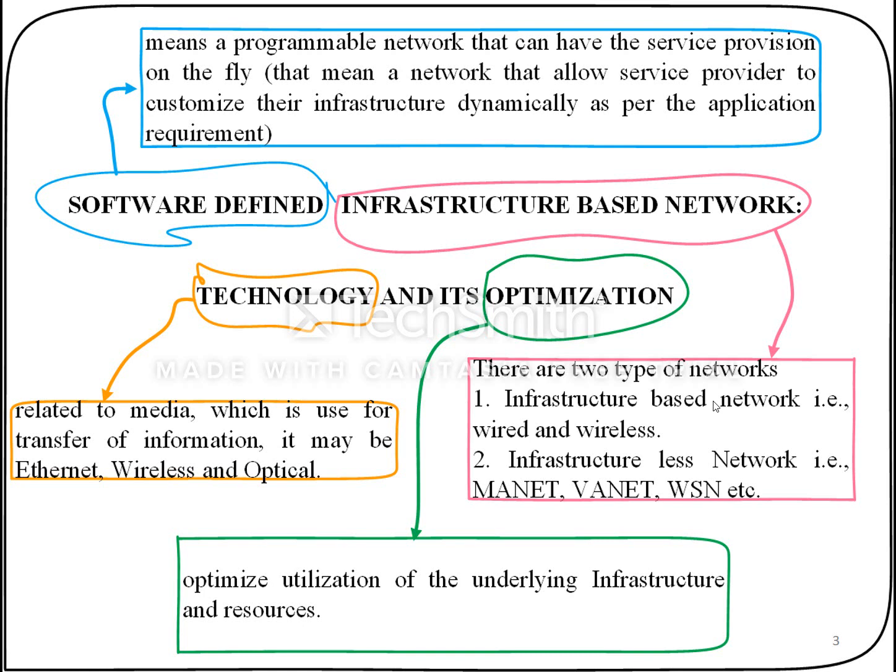We know the access point, which is always supported by the optical fiber network, is the best example of a wireless network based on infrastructure. And the conclusion of all this is to optimize the utilization of the underlying infrastructure and resources. This is the basic clue of software-defined networking.